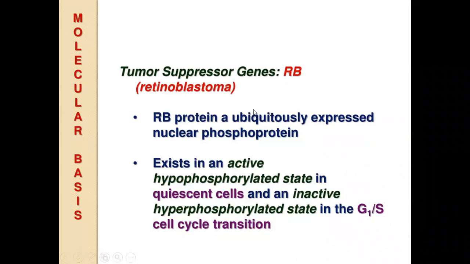For example, RB or retinoblastoma. RB protein is a ubiquitously expressed nuclear phosphoprotein, existing in an active hypophosphorylated state in quiescent cells and an inactive phosphorylated state in the G1 to S cell cycle transition.